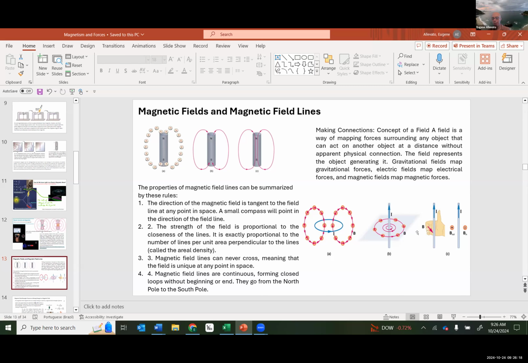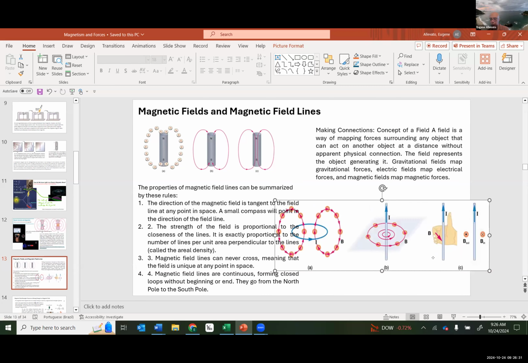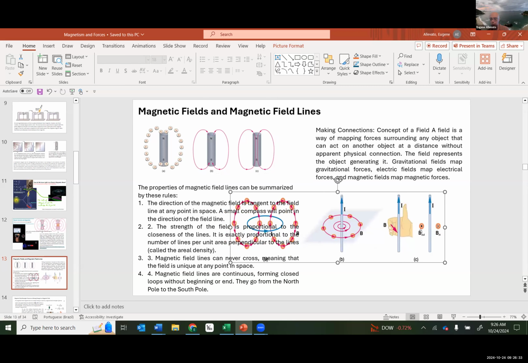So on C, on your left of the wire, you see the magnetic field pointing towards yourself. And on the right, you see the vector of the magnetic field pointing into the screen of the computer.